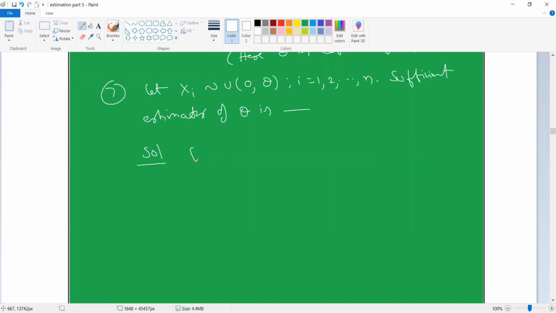Solution: f of x equals 1 by theta, 0 less than or equal to x less than or equal to theta.